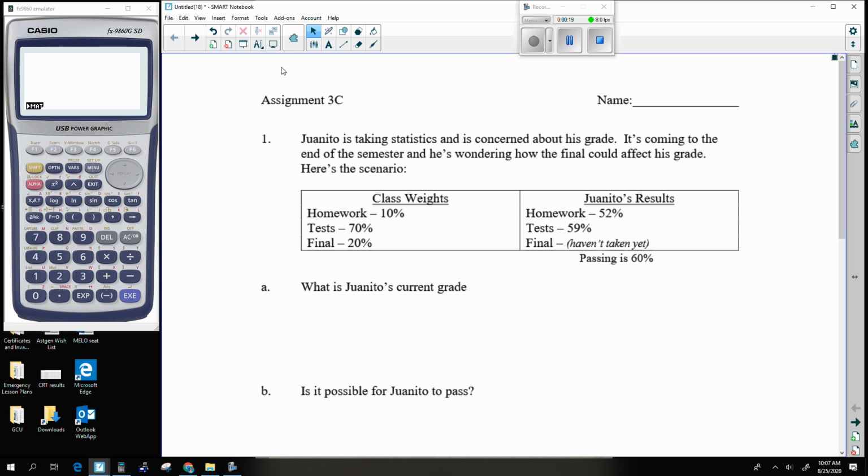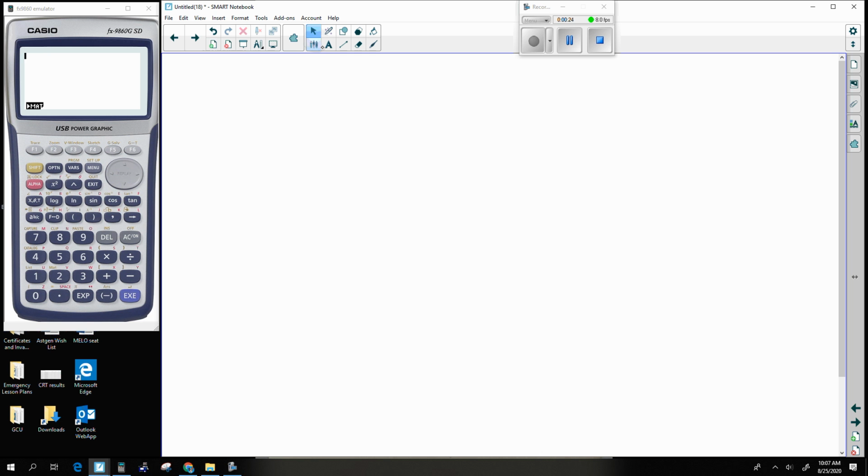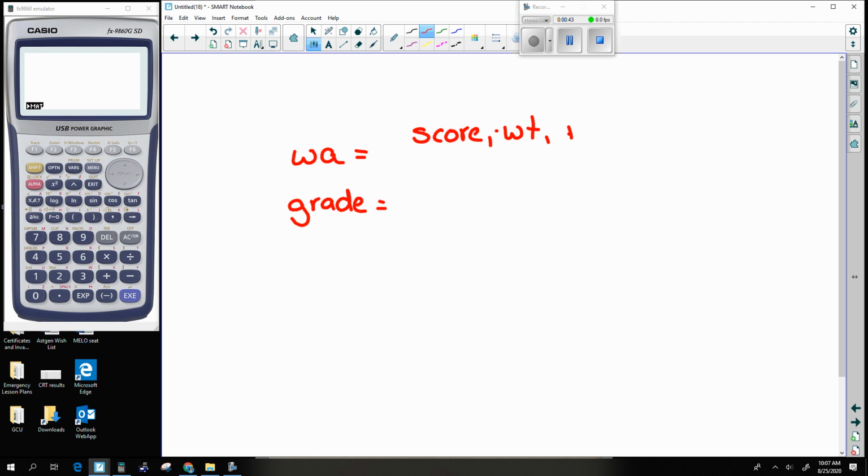This is weighted averages. Again, a reminder of what a weighted average is. When you find something, this is typically what a grade in somebody's classes is. What you do is you multiply the score of category 1 with the weight of category 1, and then you add the score of category 2 multiplied by the weight of category 2, etc., with however many categories that you have completely fulfilled.